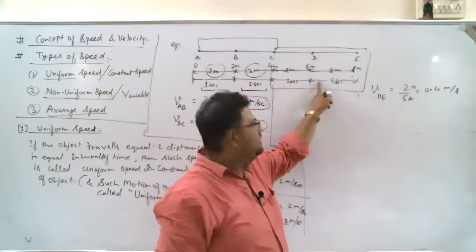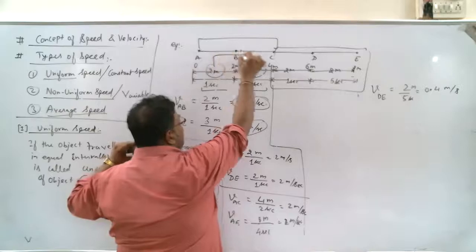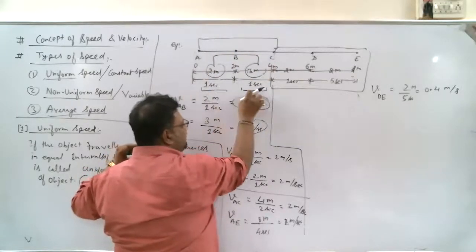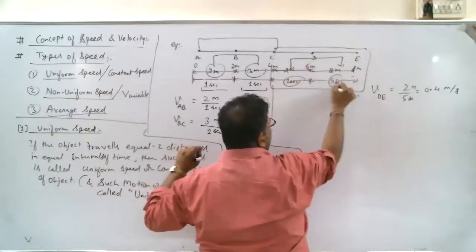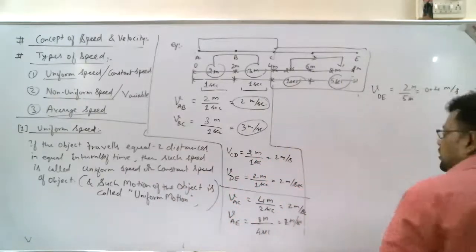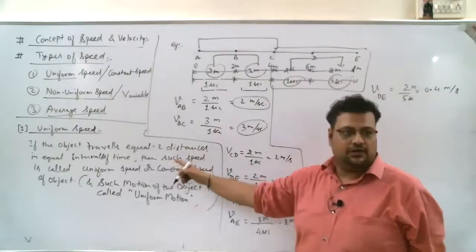unequal intervals of time. So either the object travels unequal distances, 2, 3, in equal intervals of time, or equal distances in unequal intervals of time. Such speed is known as non-uniform speed. Can you write on your own?